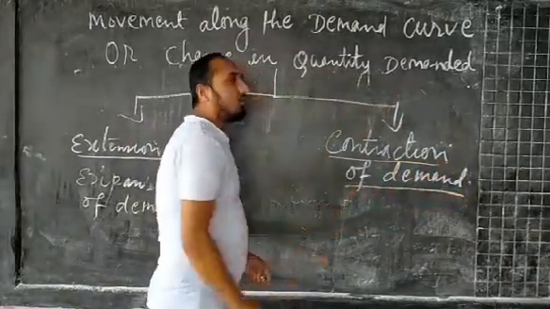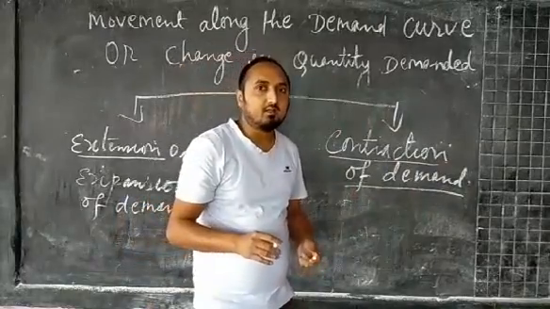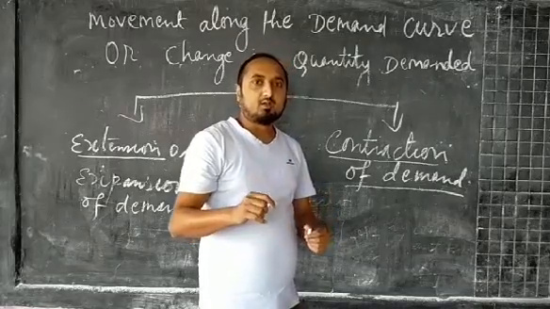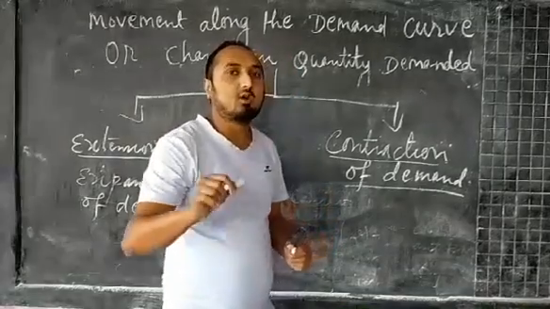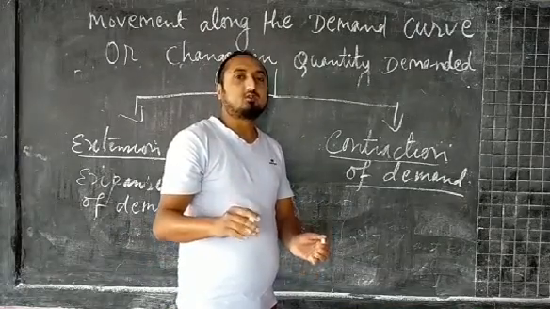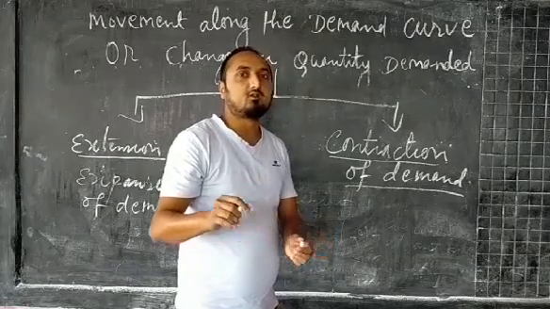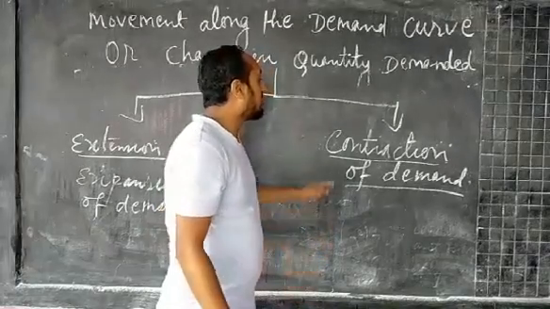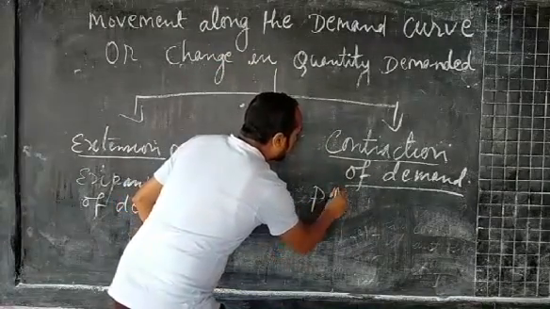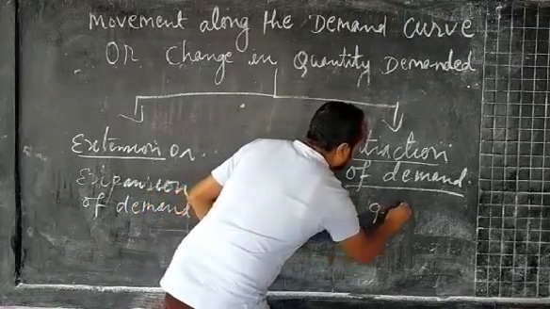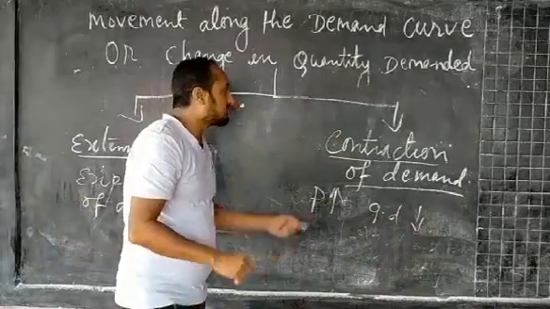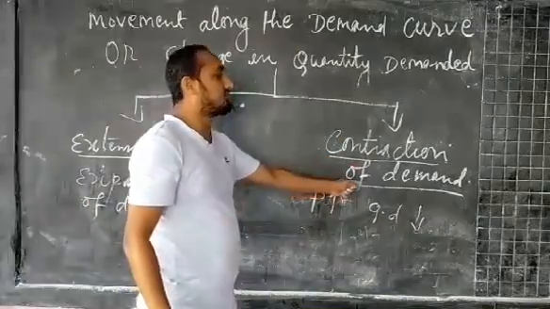When quantity demanded of a commodity decreases due to a rise in the price of the commodity and the other determinants remaining constant, it is known as contraction of demand. So here, when the price of a commodity increases, the quantity demand will decrease, other factors remaining constant. That concept is known as contraction of demand.